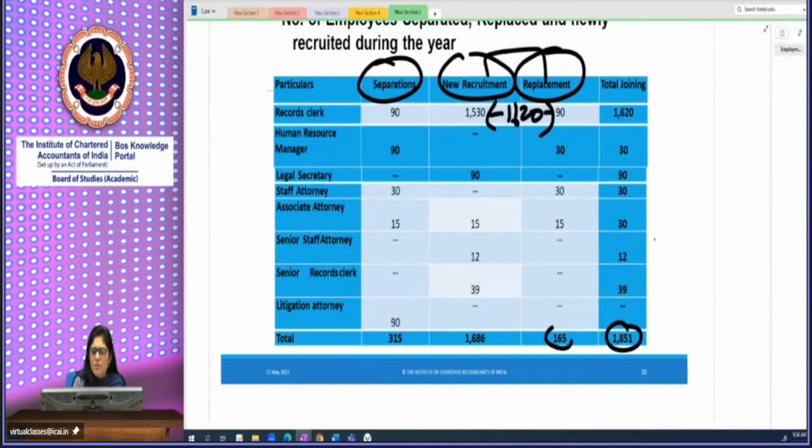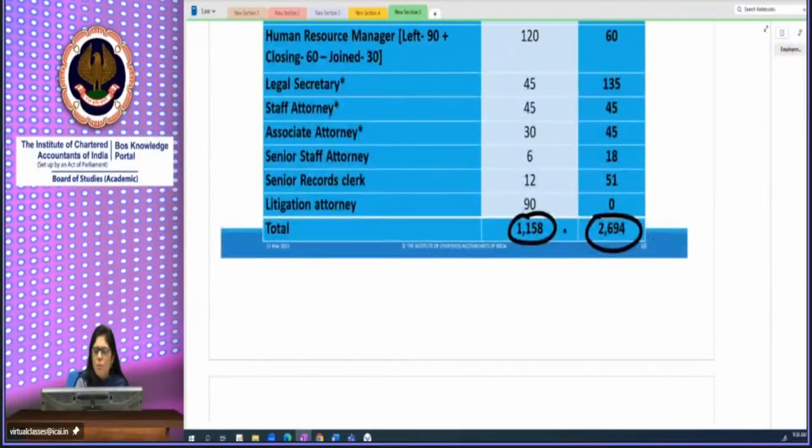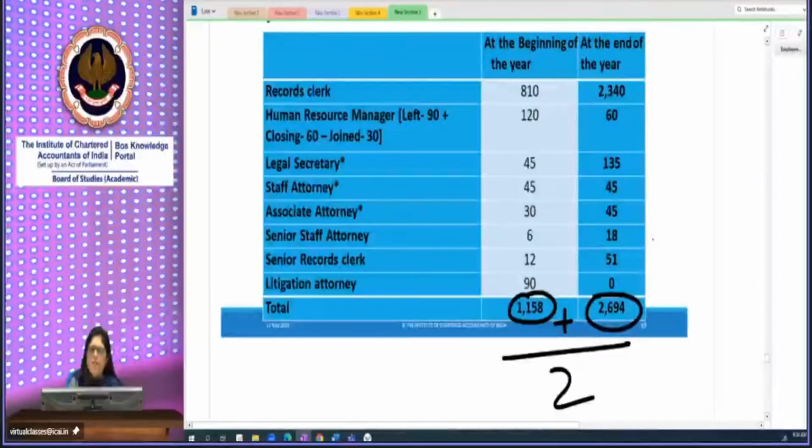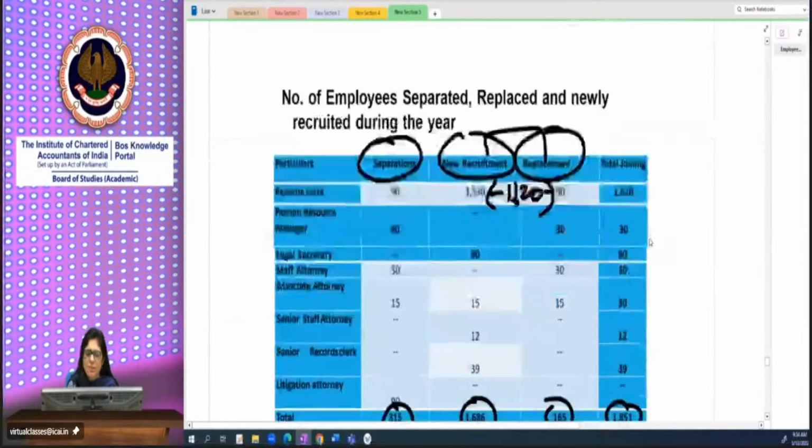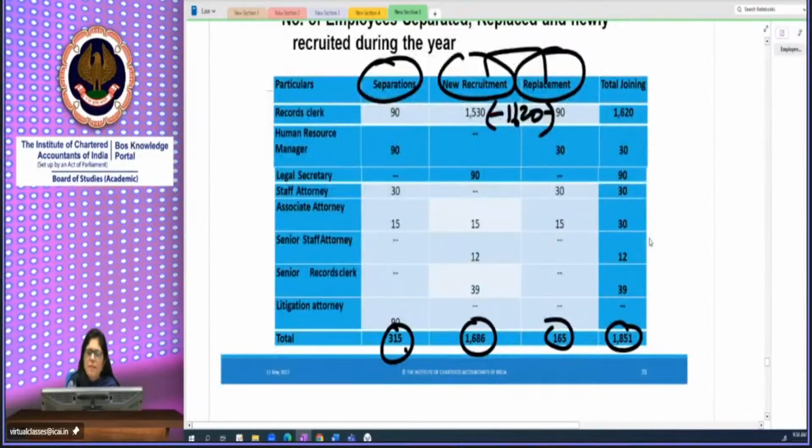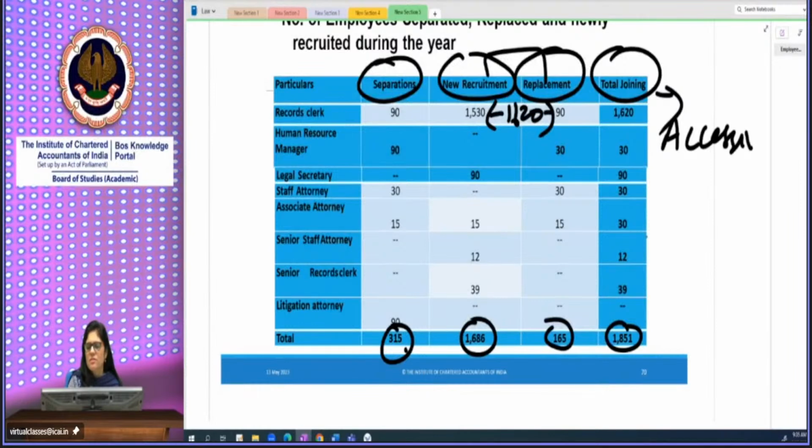So this is how you can calculate number of separations divided by average. How do we calculate average? Opening plus closing divided by 2. And this is the number of separations, number of recruitments, number of replacements, and total number of accessions. Total new joinees are accessions.